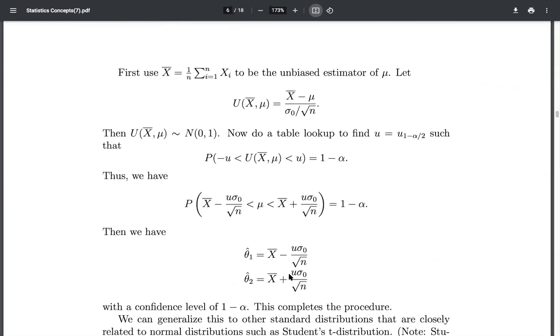I don't have the actual number here, but this is what we actually do. If you know the underlying distribution is a normal distribution, this thing is usually called a Z. So Z is a random variable.